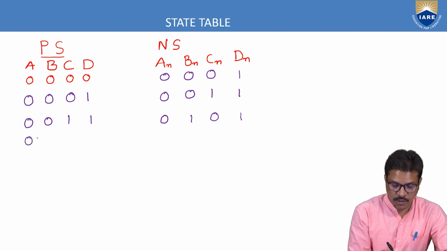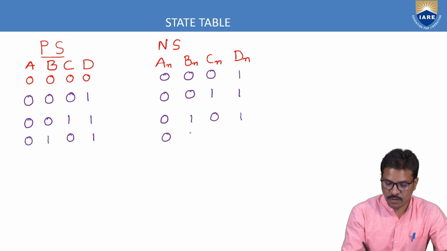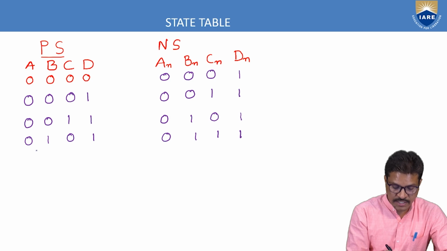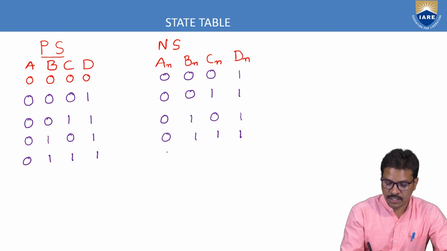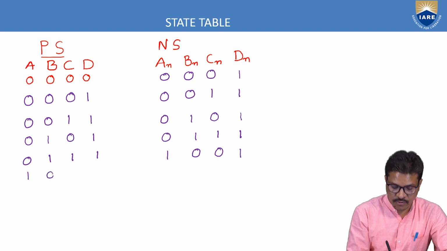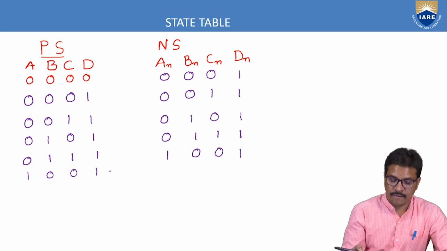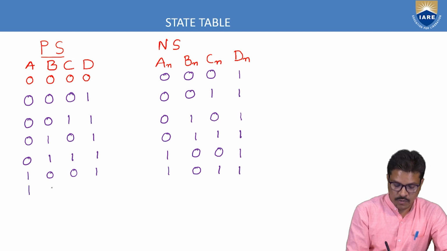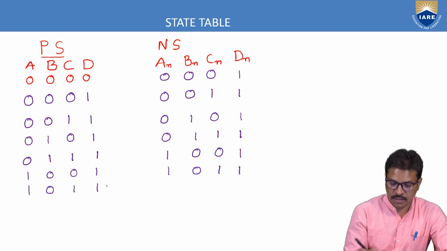If the present state is 0, 1, 0, 1, the next state is 0, 1, 1, 1, which is 7. If the present state is 0, 1, 1, 1, the next state is 1, 0, 0, 1. So the next odd number is 11, 1, 0, 1, 1.